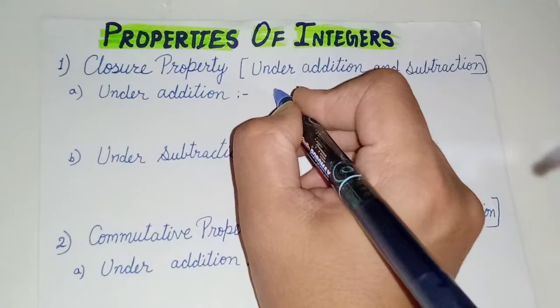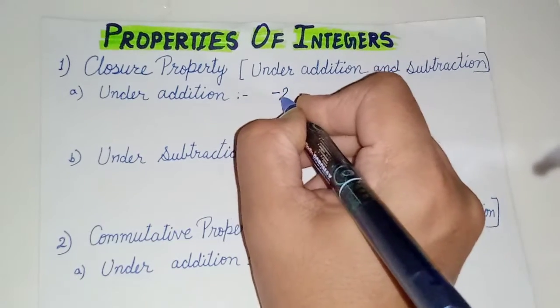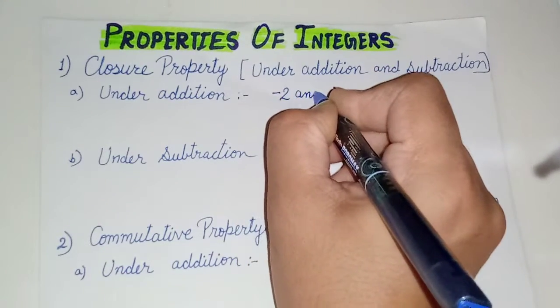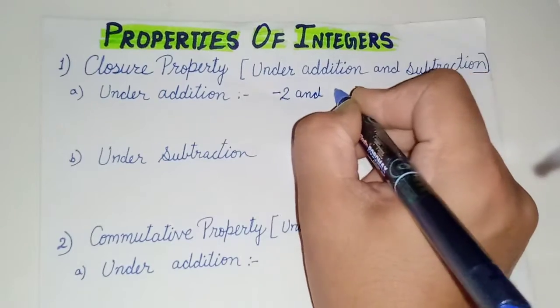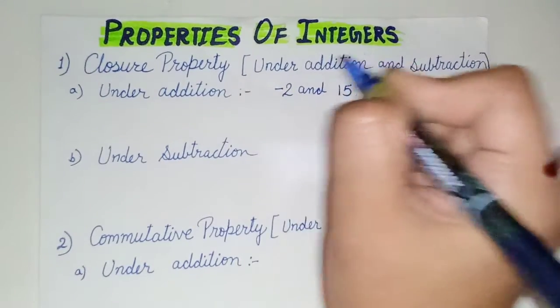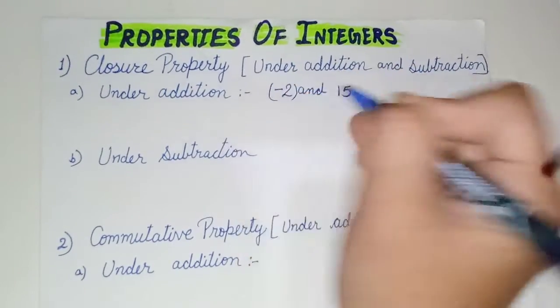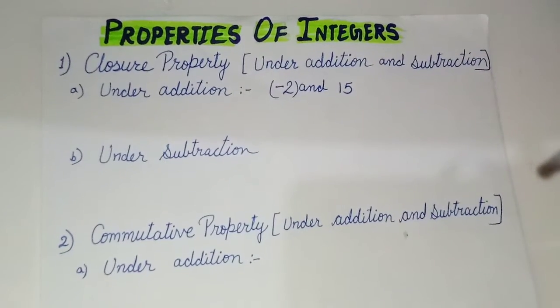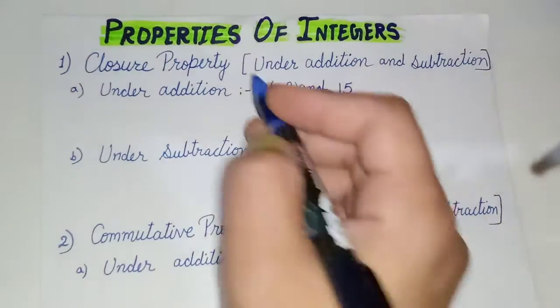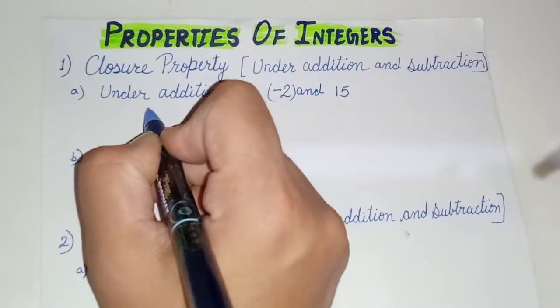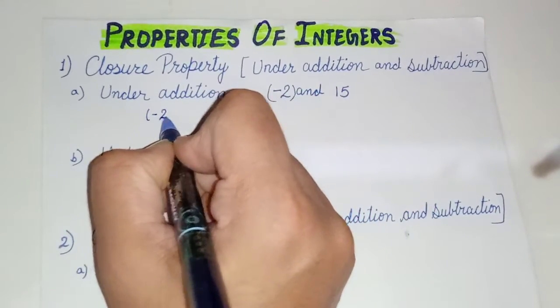Like I have two integers, -2 and 15. Now I'll see what I would get if I add them. So we have to find the sum of -2 and 15.